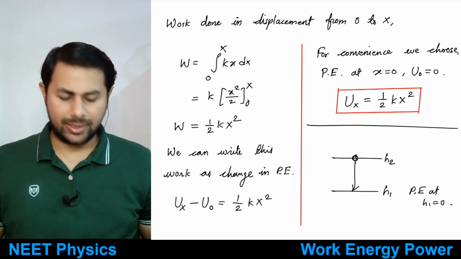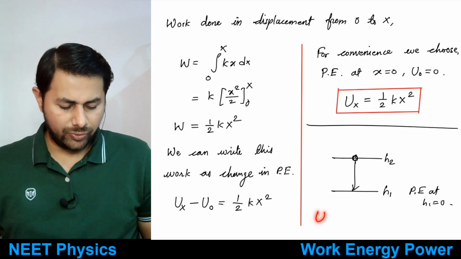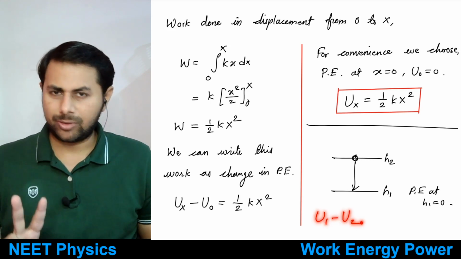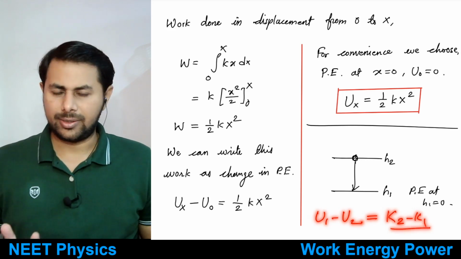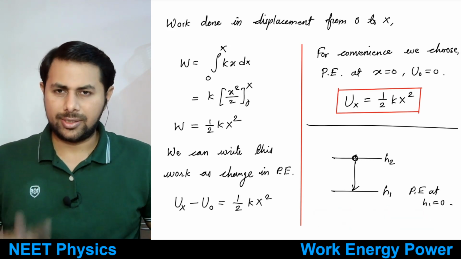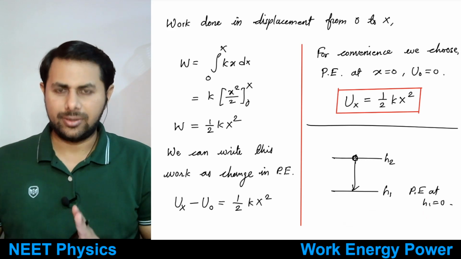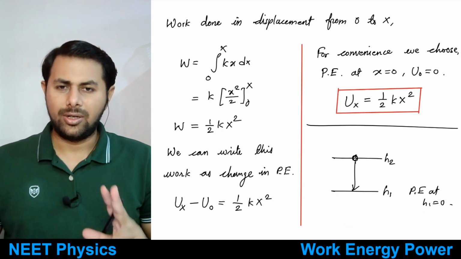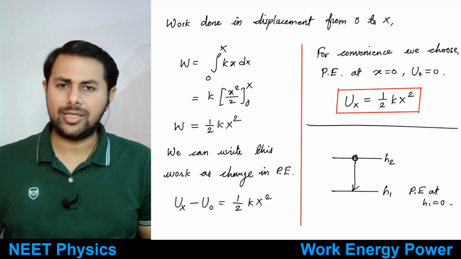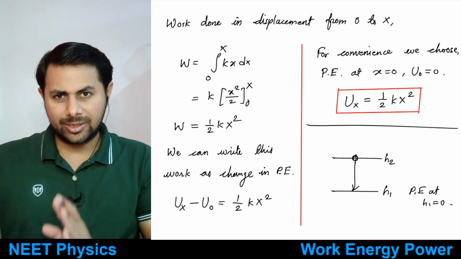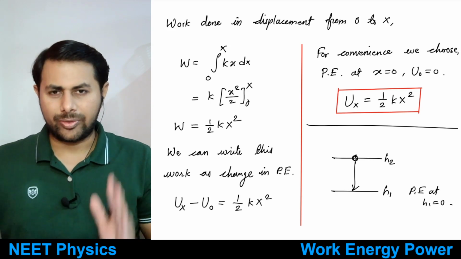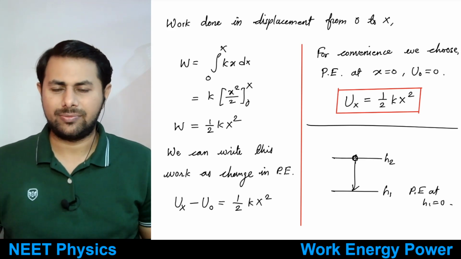Because what you can find out is u1 minus u2, the difference in potential energy, is equal to k2 minus k1, right? You can only relate the change in kinetic energy with the change in potential energy, or work done with the change in potential energy. You cannot relate work done with the explicit value of potential energy at one point.